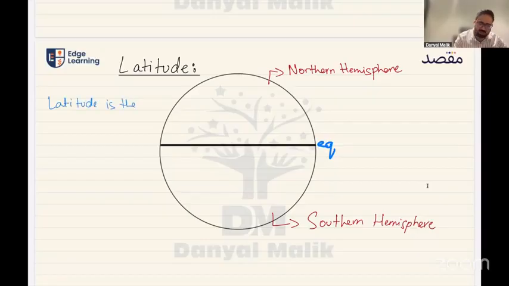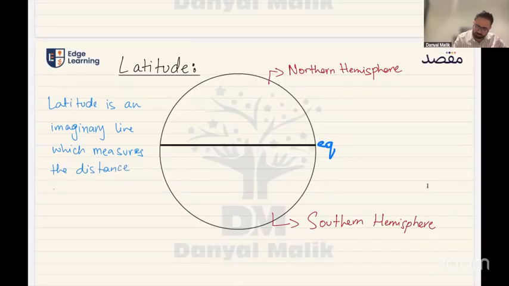Latitude is an imaginary line which measures the distance from the equator.